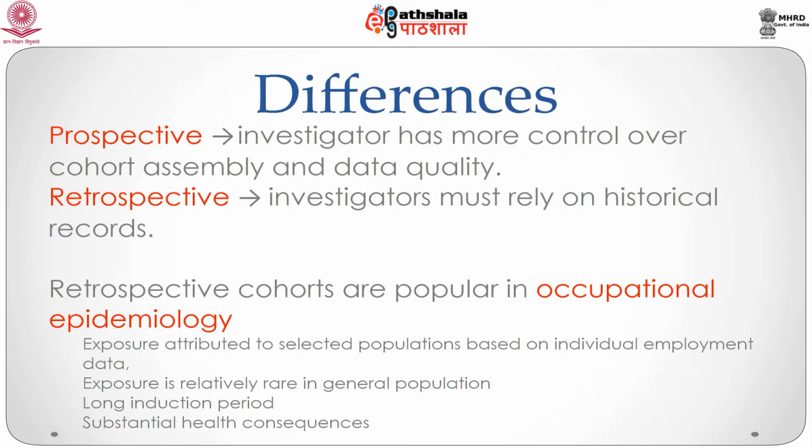Note that while in the prospective design information collection is designed and implemented for the purpose of scientific research by a team of investigators, in the case of a retrospective study design, the information is mainly collected for other purposes.